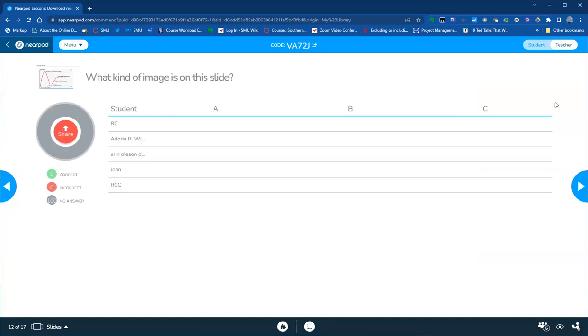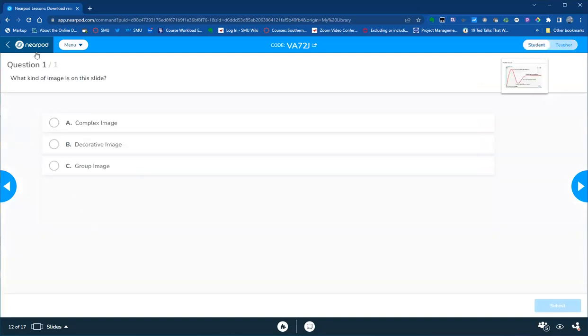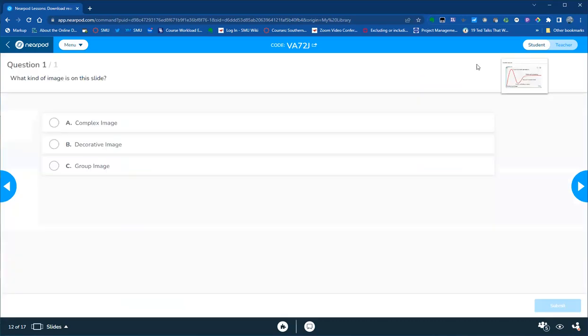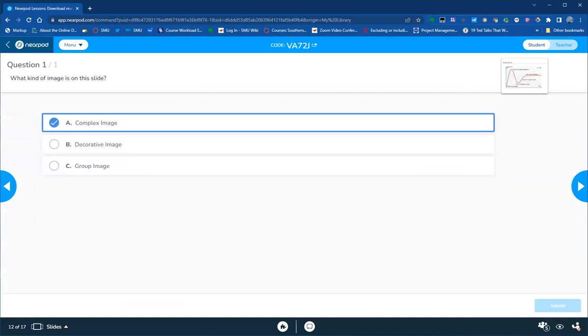So particularly on this slide, if we have this chart, as we just talked about it, which kind of image is this? This is the Gartner hype cycle. I love the terms on this. This one we've talked about is a complex image.